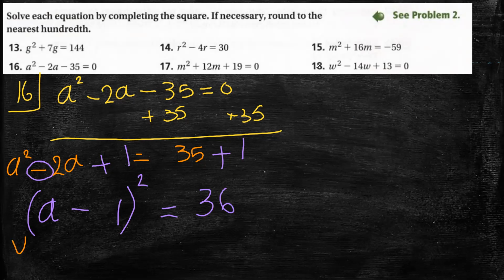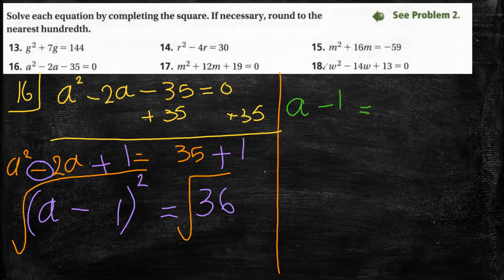Then square root. As I told you, to cancel the square, you must use the square root. So a minus 1 is, what is the square root of 36? Positive and negative 6. What does it mean?